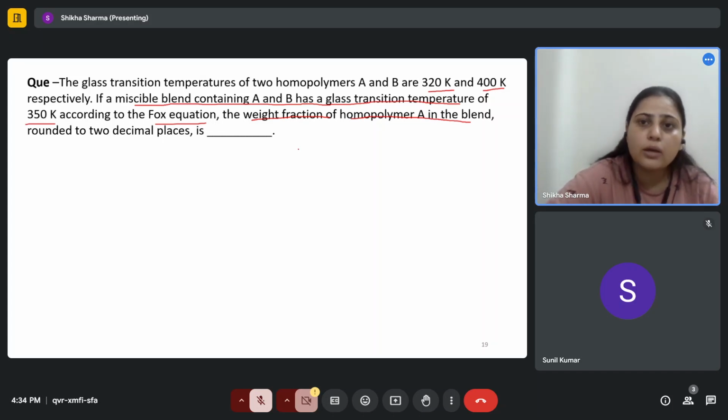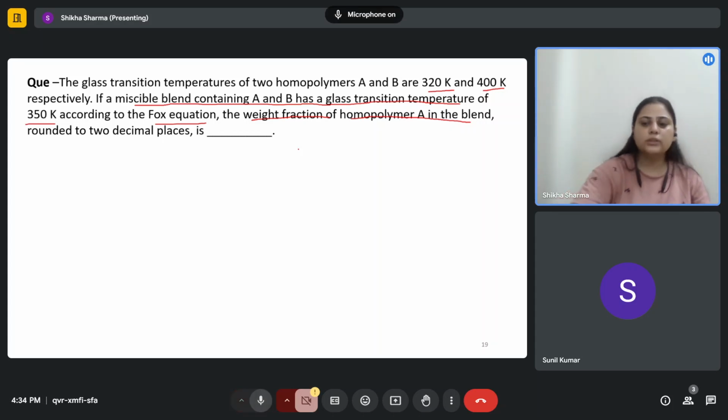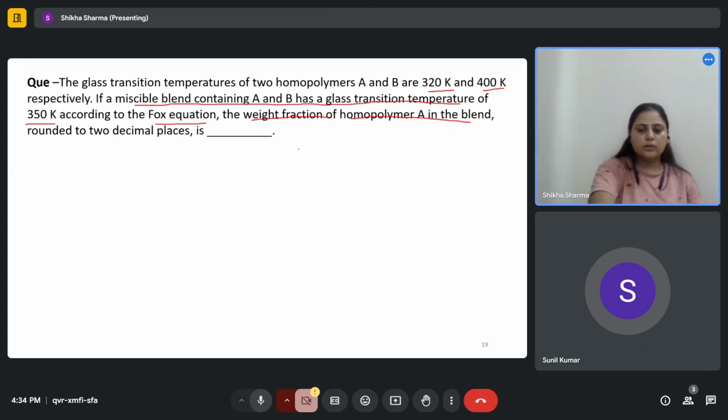We are mixing homopolymer A and homopolymer B to form a miscible blend, and we have the glass transition temperatures of homopolymer A and B, and also of the miscible blend, and we need to calculate in the final miscible blend what is the weight fraction of the homopolymer A. So please try to solve this.